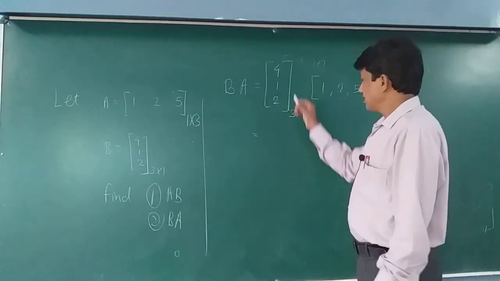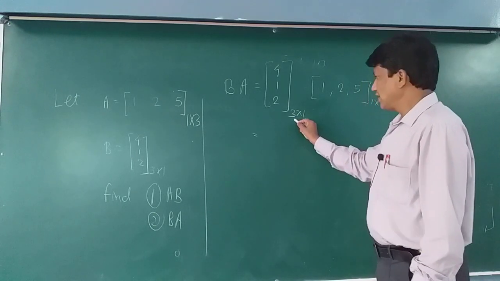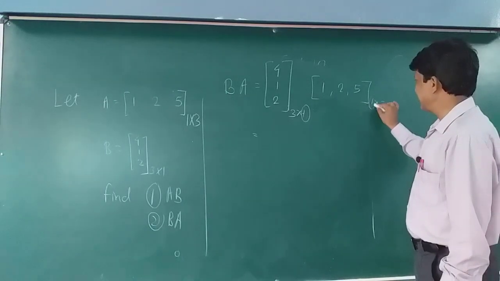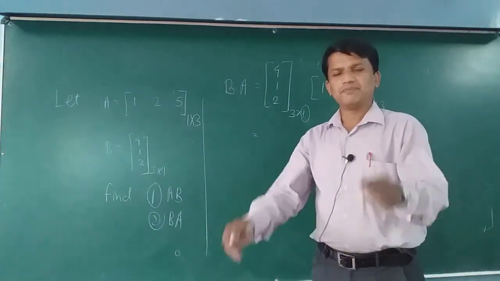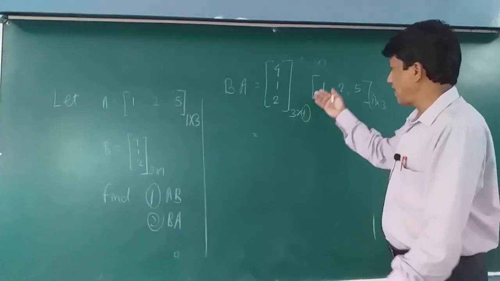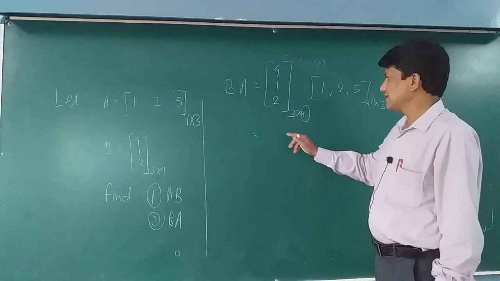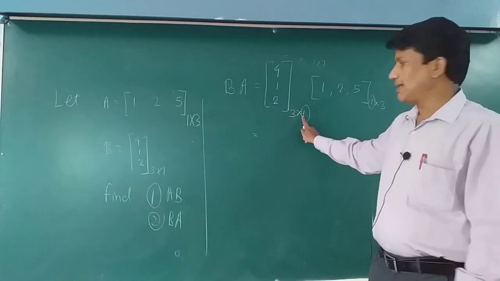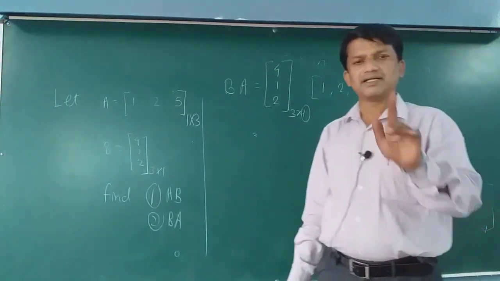The order of B is 3 by 1, and A is 1 by 3. The number 1 and 1 look the same. Therefore, the number of columns in the first equals the number of rows in the second matrix, so their product is possible.